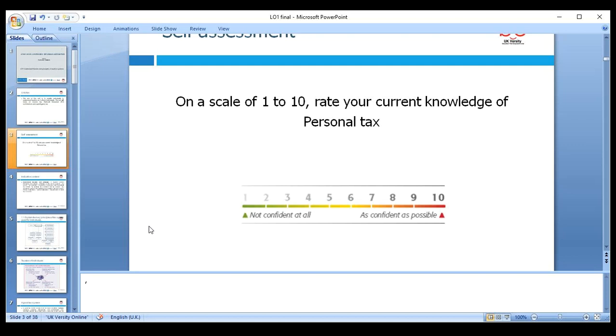Oh, I'll say 6. 5, 6. Okay, which is absolutely fine because, of course, we are starting the unit. Someone who works in tax will know more. Someone who maybe doesn't work or deal in tax, maybe works in management accounts, has less tax knowledge. Okay, thank you.